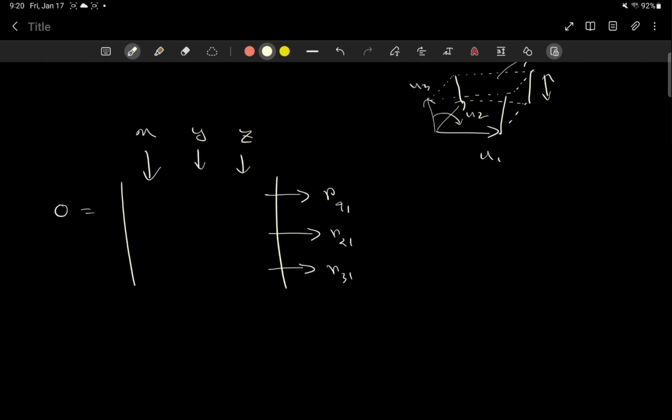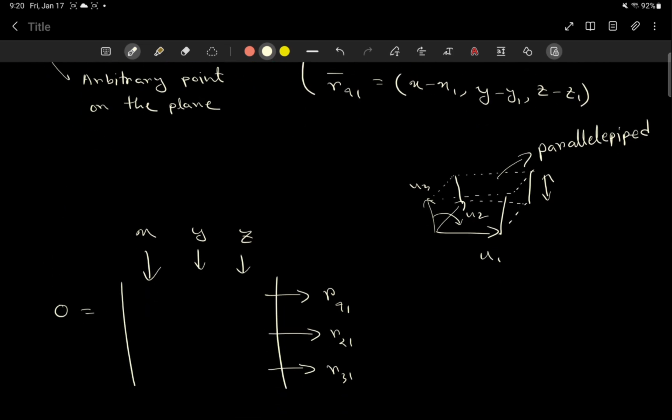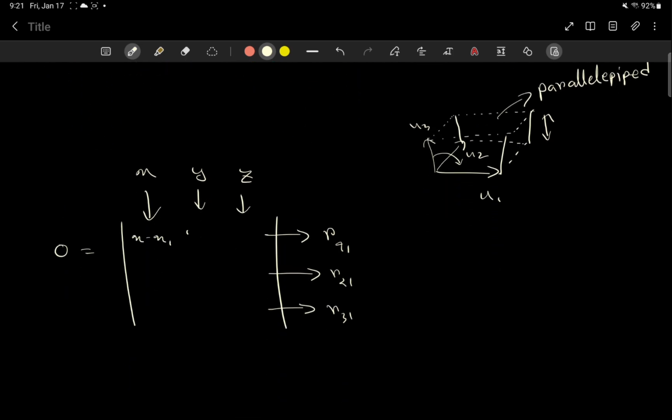So zero volume, and we're going to just put these three here. It will be x minus x1, y minus y1, z minus z1, x2 minus x1, y2 minus y1, z2 minus z1, x3 minus x1, y3 minus y1, z3 minus z1.